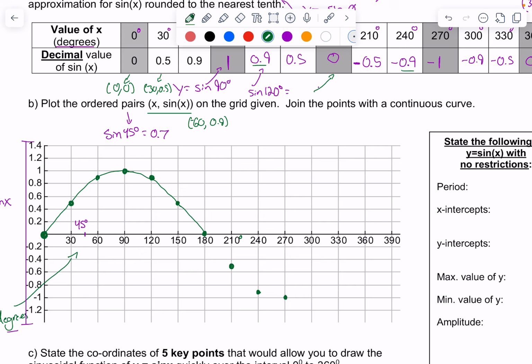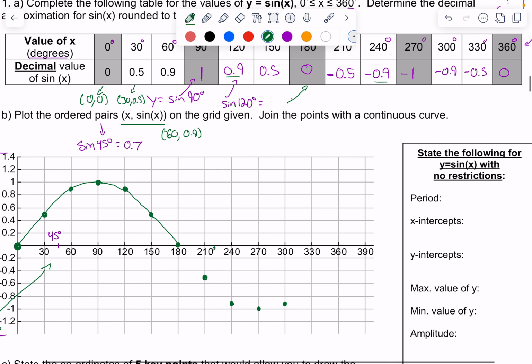That's right there. 300 and negative 0.9. 330 and negative 0.5. And then 360 back here. Okay. There we go. Let's see if I can just draw my curve smooth.